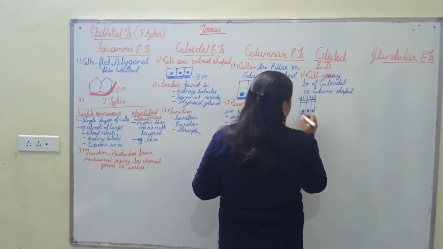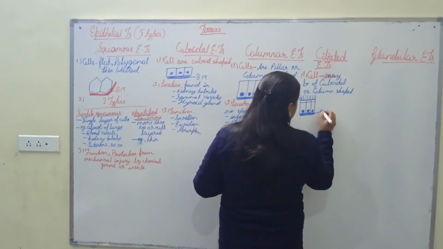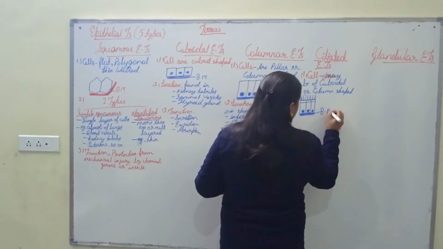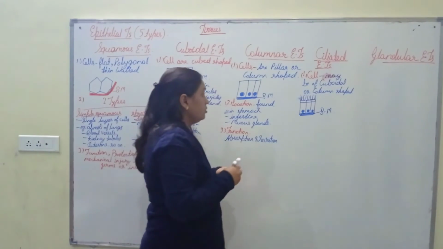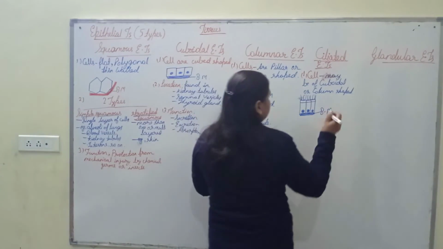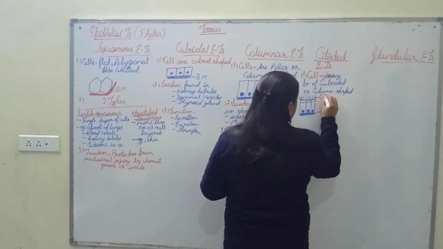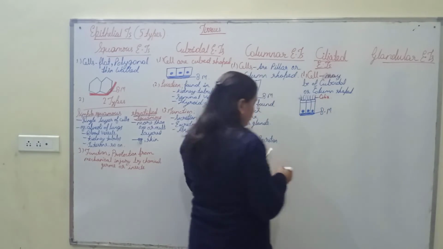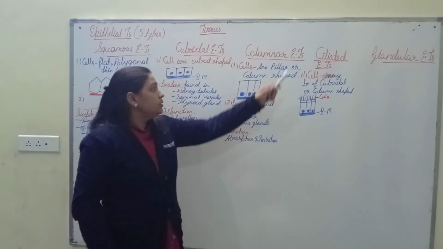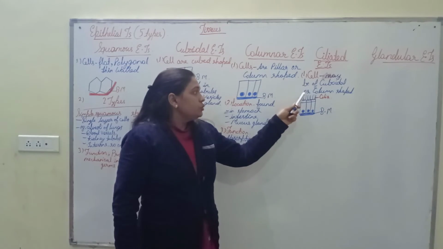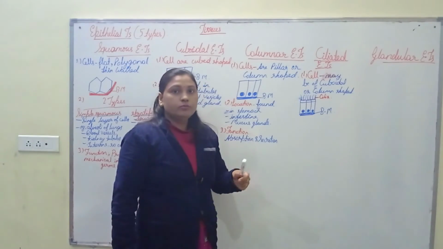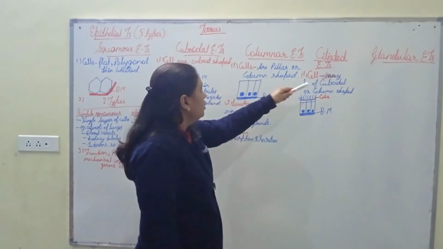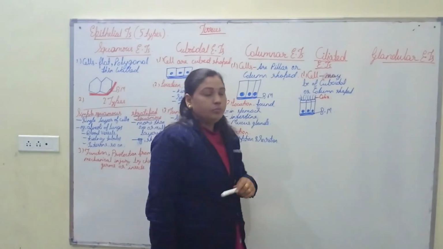So these are known as ciliated epithelium tissue, and these are also arranged on an extracellular basement membrane. And these are the cilia or thread-like structures present here. Their shape of cells may be cuboidal or columnar.